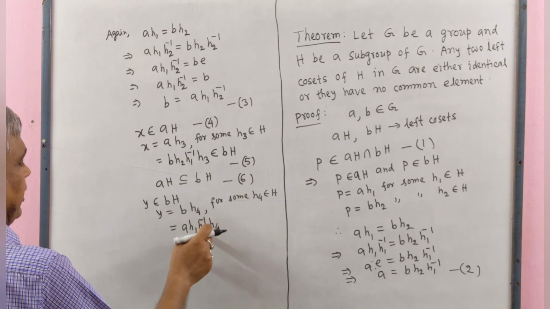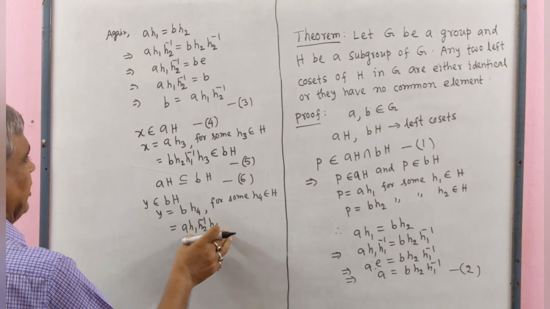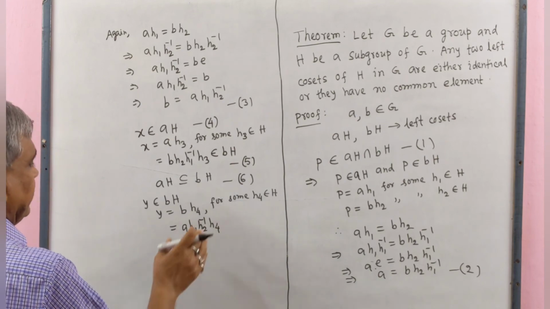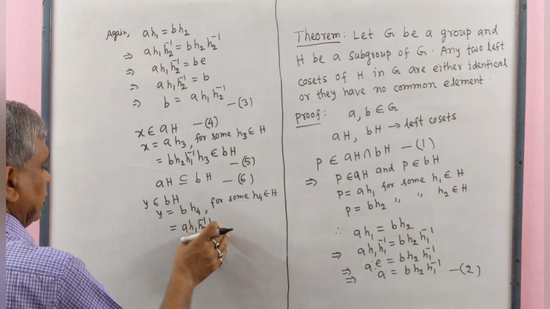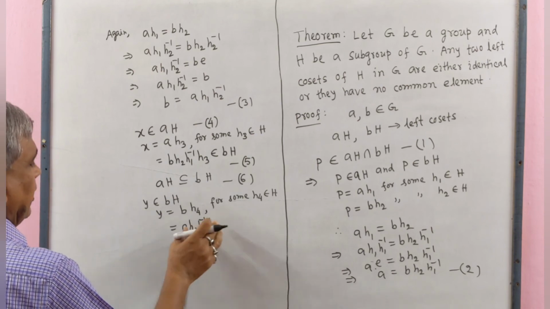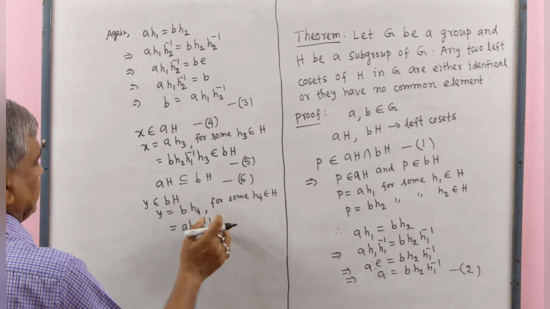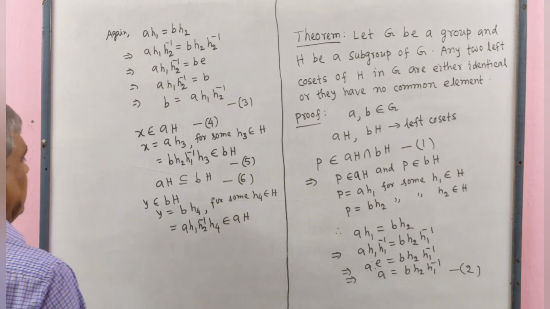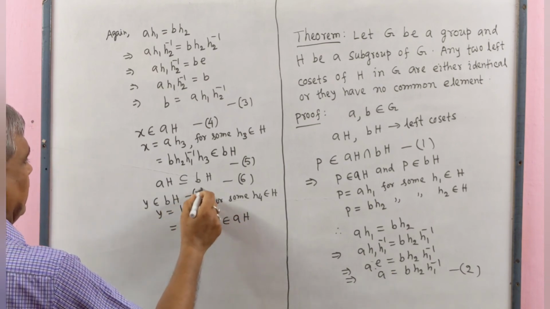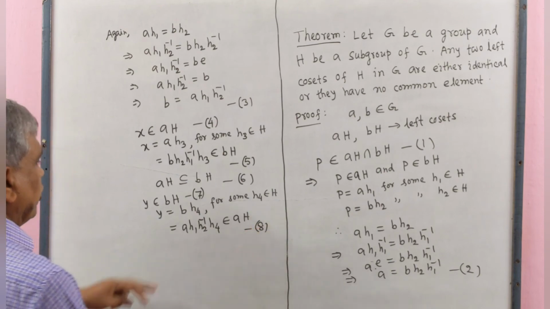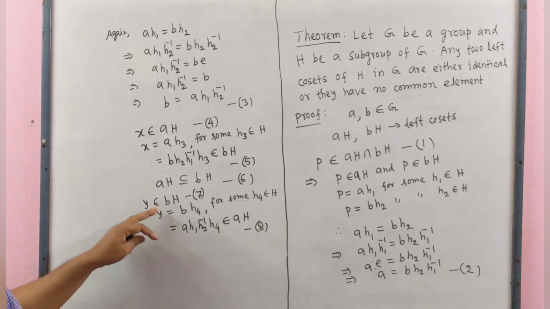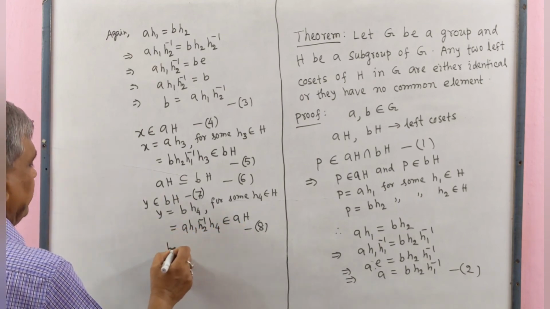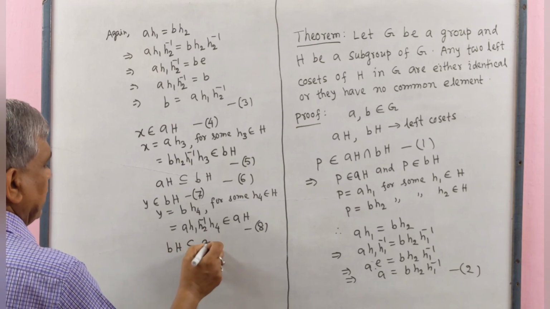Here h1, h2 inverse, h4 are elements of capital H, and capital H is a subgroup, that means group. Their operation will belong to capital H. So this equal to a and element of capital H. That means this belongs to aH. This is number 7 and this is number 8. From 7 and 8 we get y belongs to bH implies that y belongs to aH. That means bH is subset of aH.